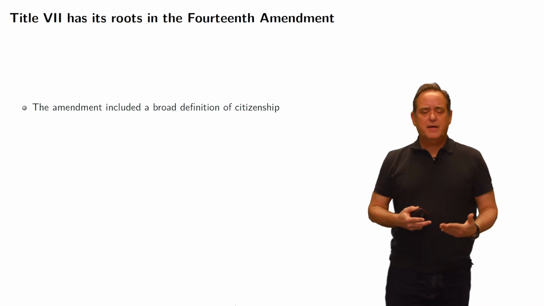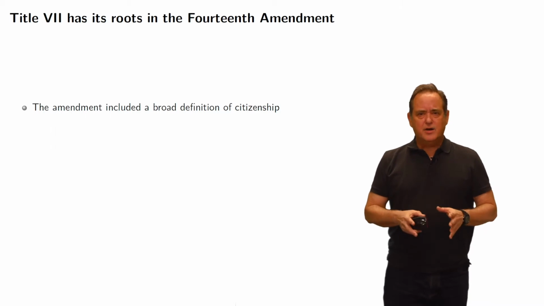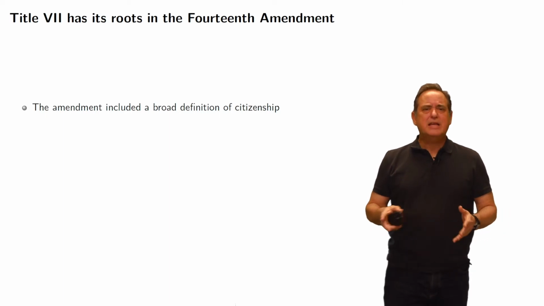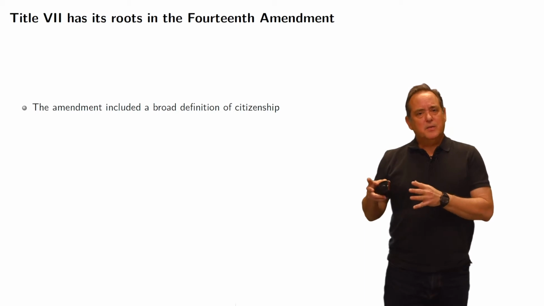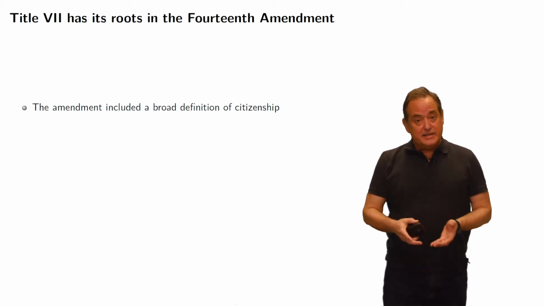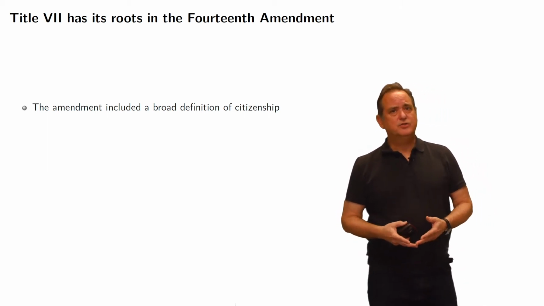When we talk about things like the Declaration of Independence, all men are created equal, those words were not echoed in the Constitution. The Constitution says nothing about that. The Constitution, in fact, is based on the idea that not everyone is equal. Nevertheless, that's what the 14th Amendment was about: bringing those ideals of the Declaration of Independence into the Constitution.